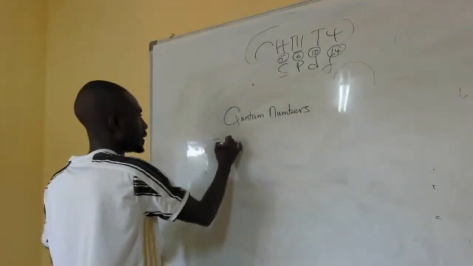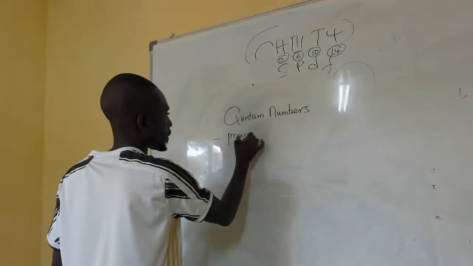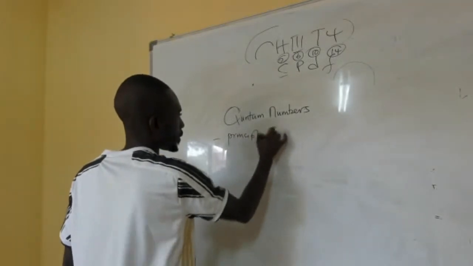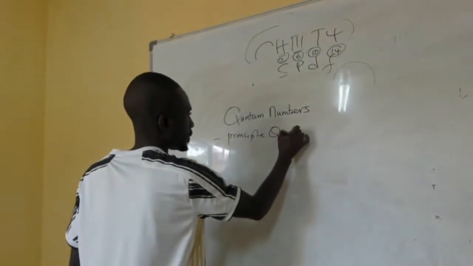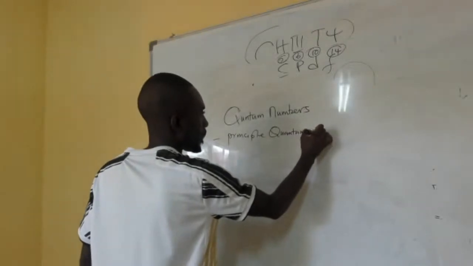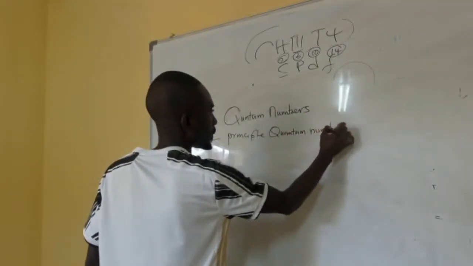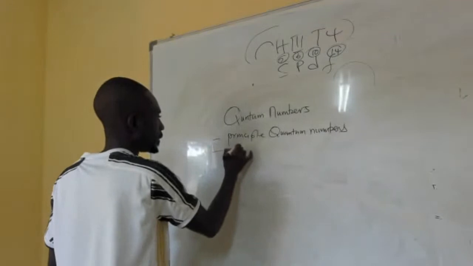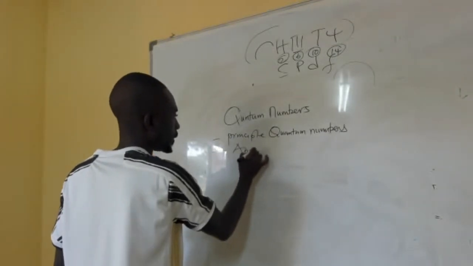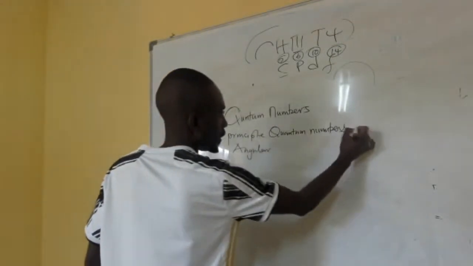We have the principal quantum number, and we have the angular momentum quantum number, which is l.